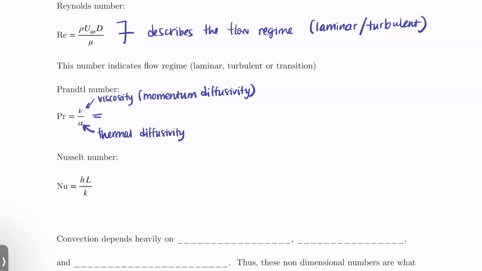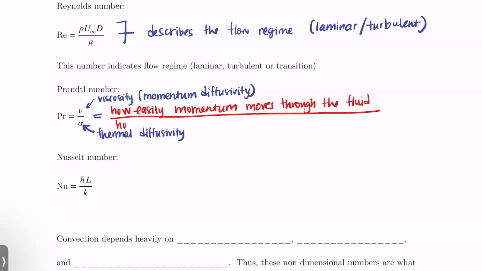All right, and so this is essentially a ratio of how easily momentum moves through the fluid to how easily heat moves through the fluid. Now this number is based solely on fluid material properties.